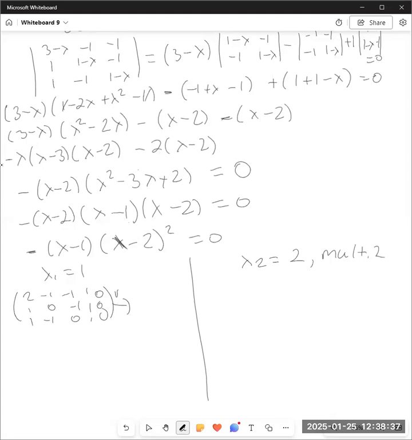Let's RREF it. And we're going to get 1, 0, negative 1, 0, 0, 1, negative 1, 0, 0, 0, 0, 0.